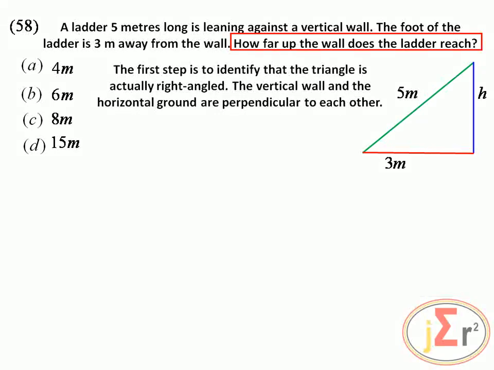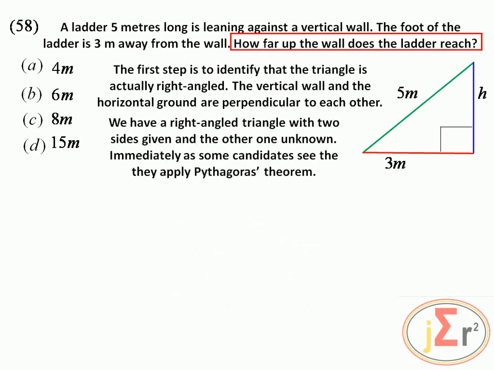The first step is to identify that the triangle is actually right angled. The vertical wall and the horizontal ground are perpendicular to each other. We have a right angled triangle with 2 sides given and the other one unknown.